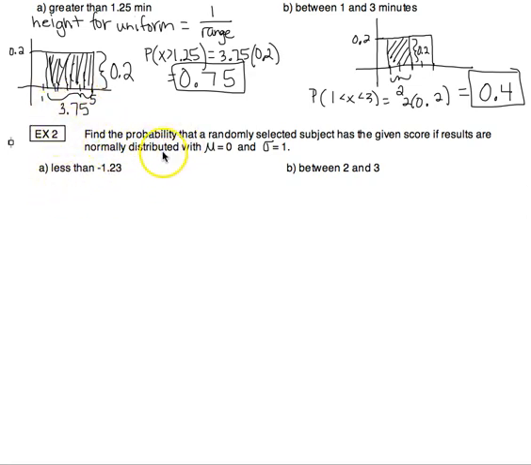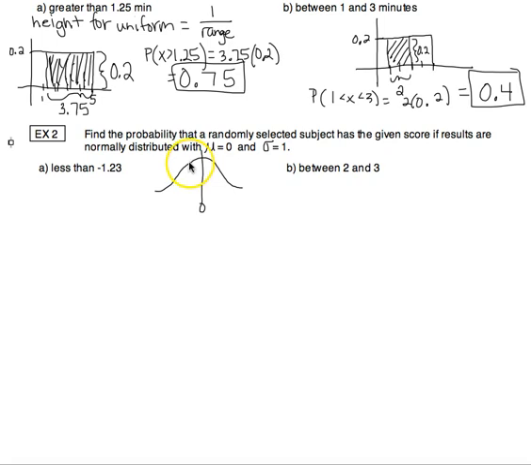So if we have a normal distribution, we know it's a bell-shaped curve. Because they told us so, we know that our mean is 0 and our standard deviation is 1. So what we are trying to find is the space.